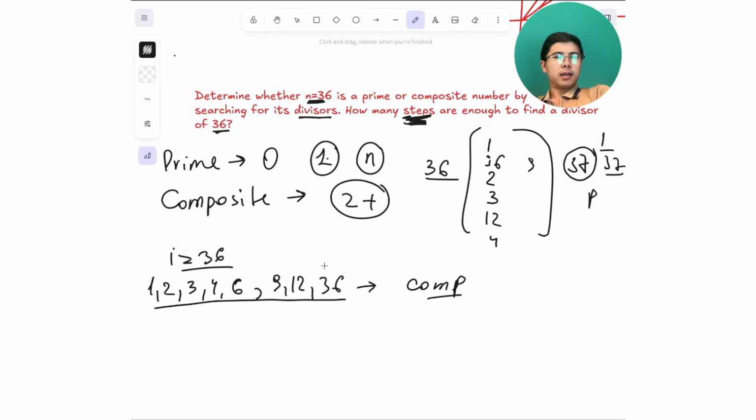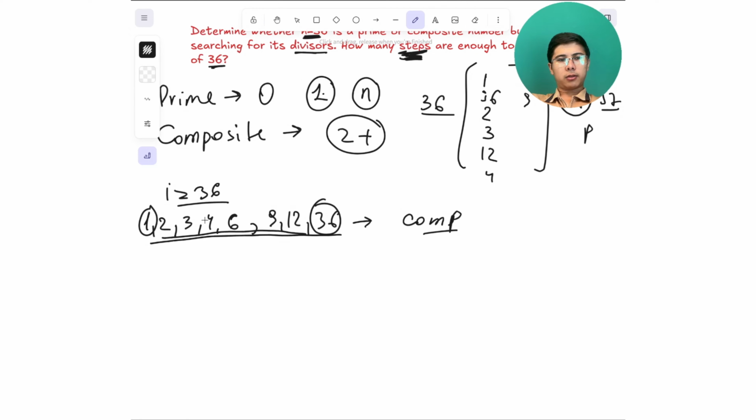But again, the same question: do we really need to check the entire range of elements? The answer is no. We can check 1 or the number itself and other elements. If any other element divides it, we can immediately write down that this is composite. Otherwise it's prime. That's it.